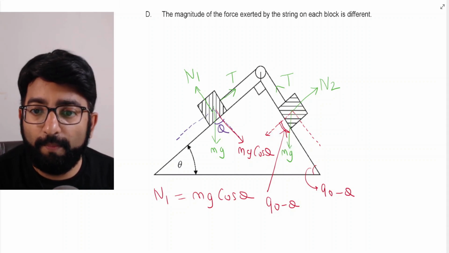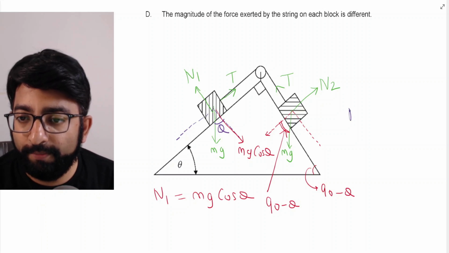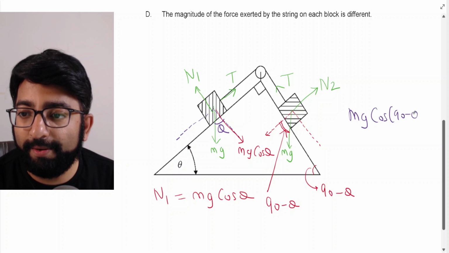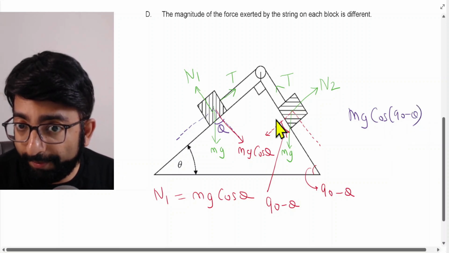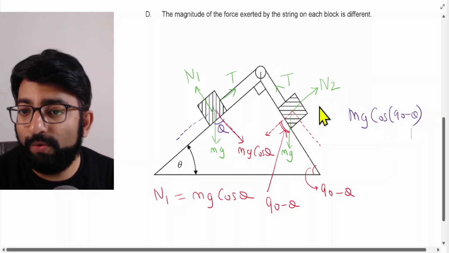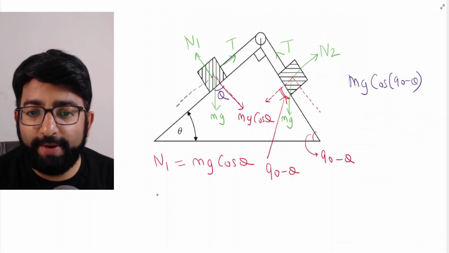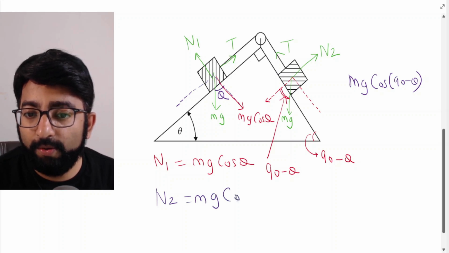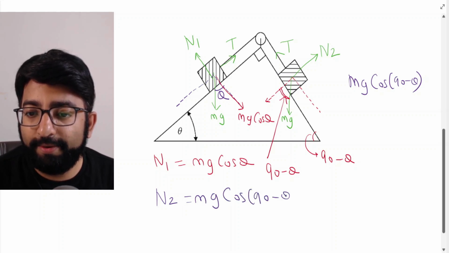So that particular component, let us write it down. That will be mg cos of 90 minus theta. So this is the component of mg going in this particular direction, which incidentally is equal to N2. Hence, we will write down the equation for N2 equals mg into cos of 90 minus theta.